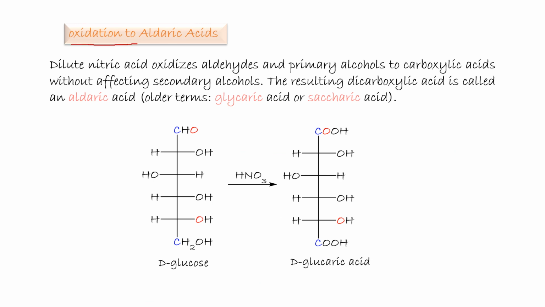Oxidation to aldaric acid can be done using dilute nitric acid. Here, carbon number 1, the aldehyde functionality, will become a carboxylic group, and the terminal CH2OH, the primary alcohol, will transfer again to COOH, and the product will be aldaric acid, older term glycaric or saccharic acid.